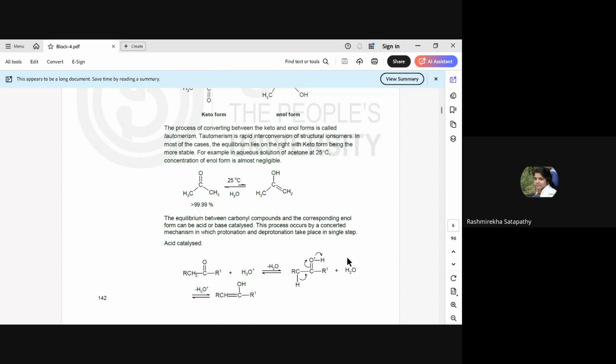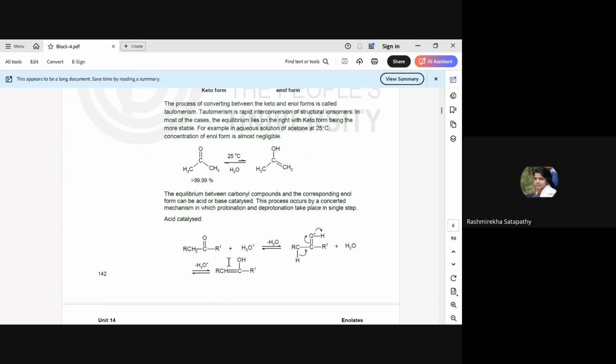The process occurs by a mechanism in which protonation and deprotonation take place. You can see here, this is a ketone compound. It is acid catalyzed. In the presence of water, the lone pair of the oxygen takes a proton from the water molecule. So there is a positive charge on the oxygen.